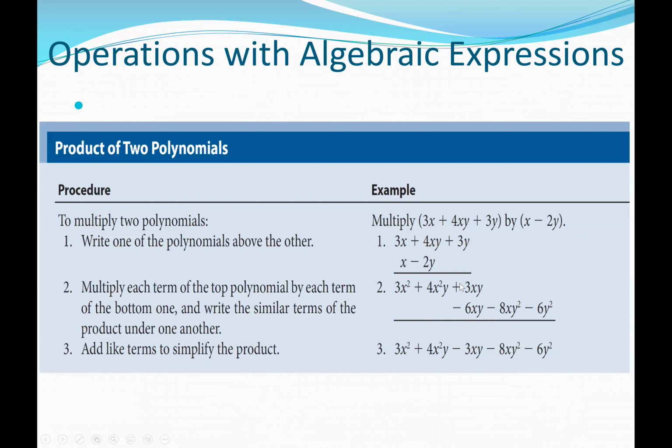So -6 plus 3 will give me -3xy. Then -8xy squared is only one term, so we leave it. Then minus 6y squared is only one, so we leave it. So that will be our final solution. So again, with addition and subtraction, we combine the like terms, but with multiplication and division, we multiply or divide the same terms together.